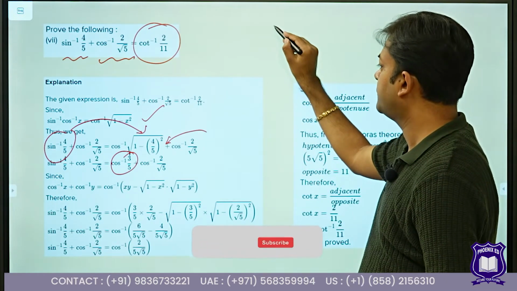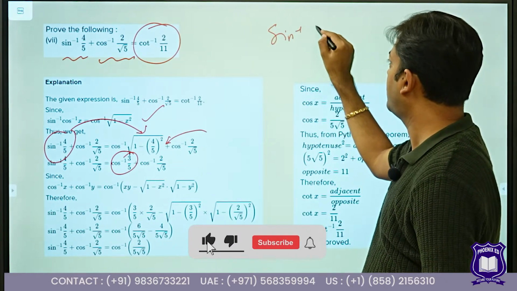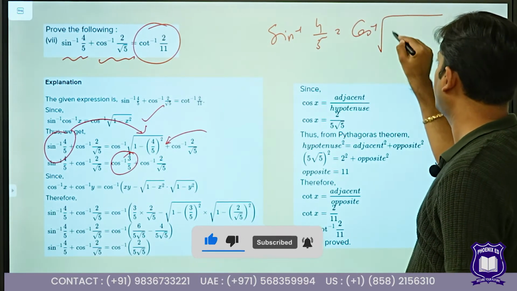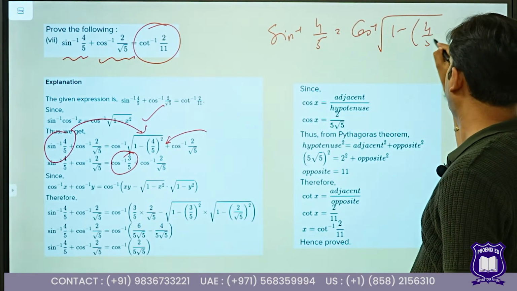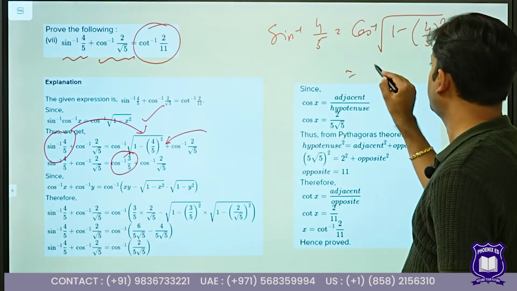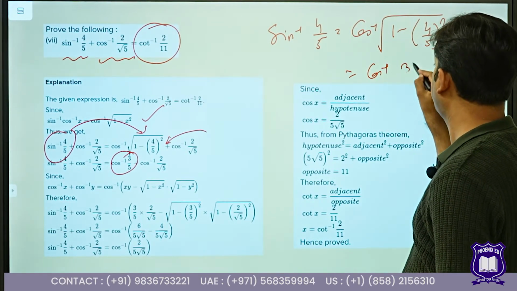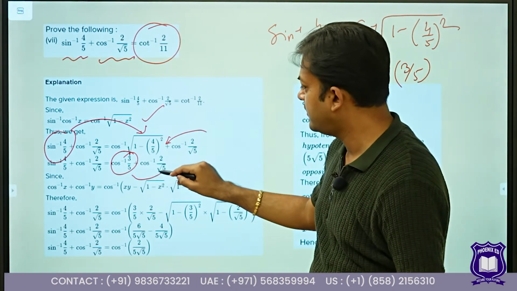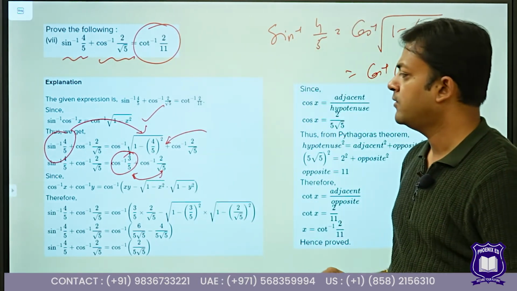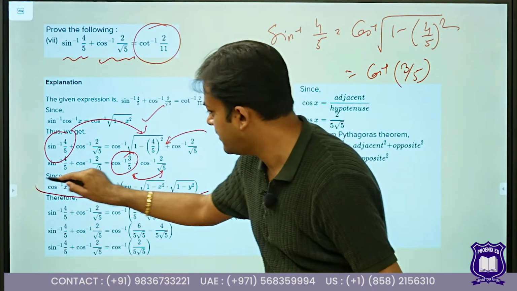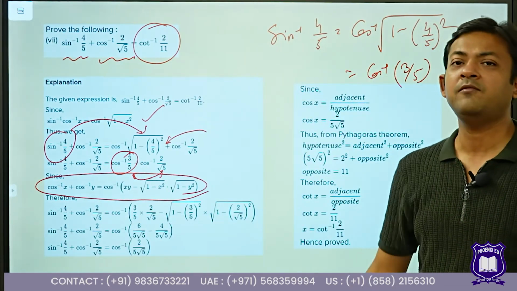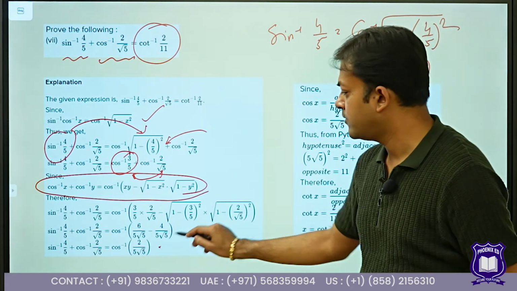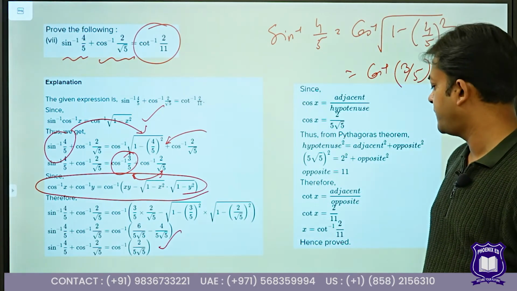Remember the formula? Sin inverse of 4 by 5 can be written as cos inverse of root over 1 minus 4 by 5 whole square, which is cos inverse of 3 by 5. So this and this added together can be simplified using the formula cos inverse A plus cos inverse B. On simplifying, we get cos inverse of 2 by 5 root 5.